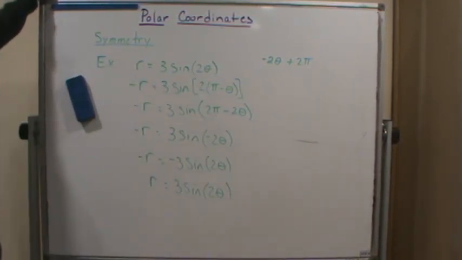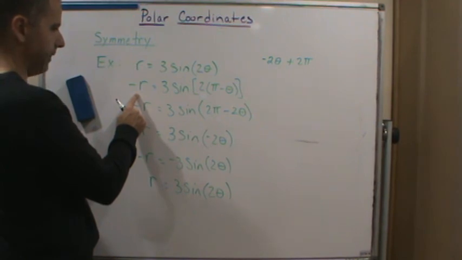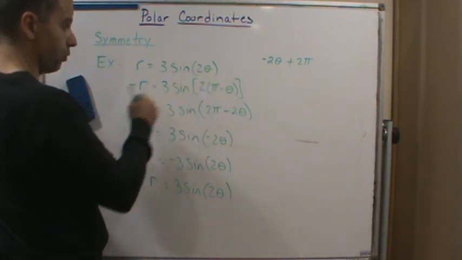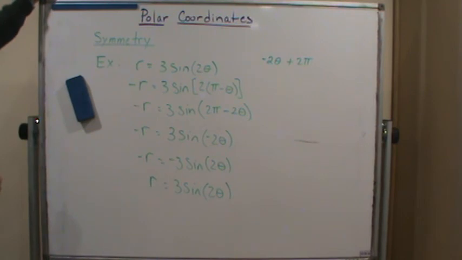Then we replaced negative r, let's flip it, and subtract pi, so rotate it by 180 degrees, which is the same thing. And we end up getting the result we're looking for. So this is symmetric with respect to the polar axis.